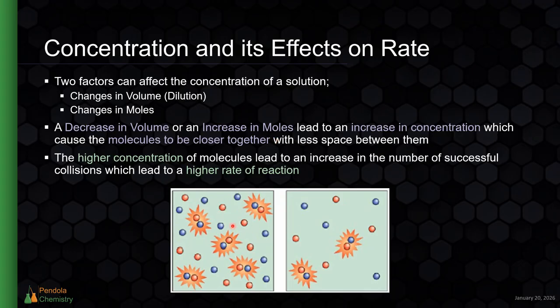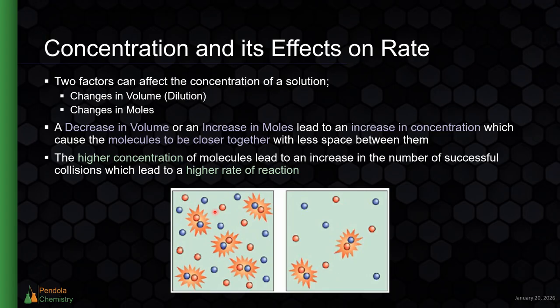So whenever we increase the concentration of solutions and then mix them together to create a chemical reaction, we're crowding the reactant molecules versus a less concentrated solution like we see here on the right side.